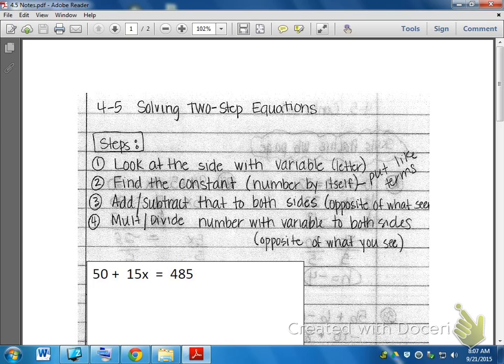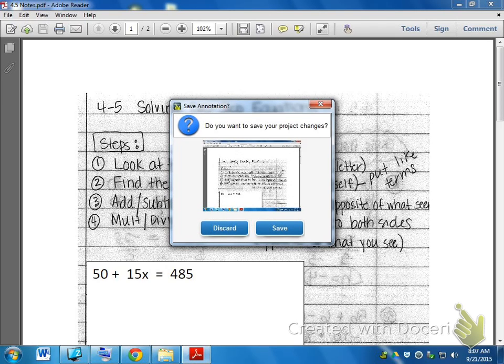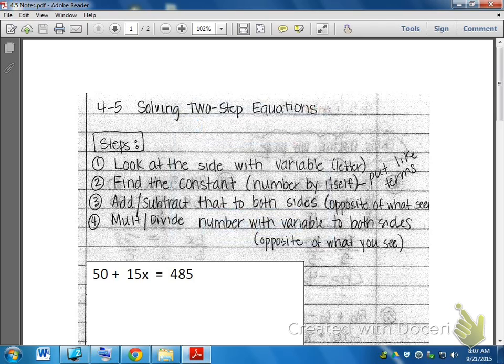You're going to look at the side that has the variable, and you go to that side. On the side where there is a variable, you go to the constant term that's with it, the number by itself. You're going to add or subtract that constant term to both sides.